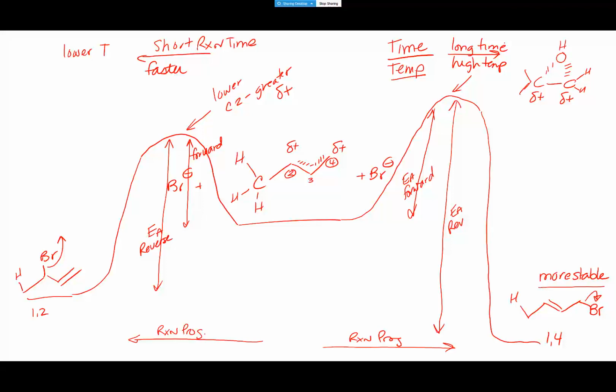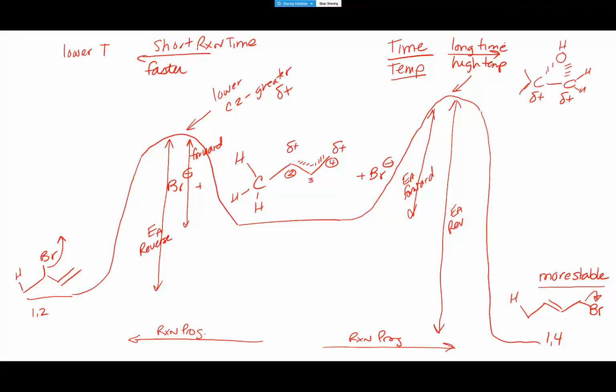If I go with long time and high temperature, what happens? Initially it may form more 1,2 product, but then that 1,2 product is going to reverse, and it may end up going back and forth, and then once it goes over the big barrier down into the deep well, it may not come back out.